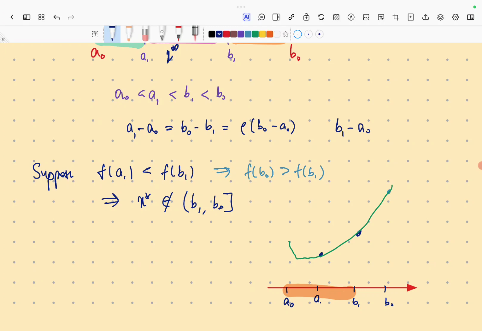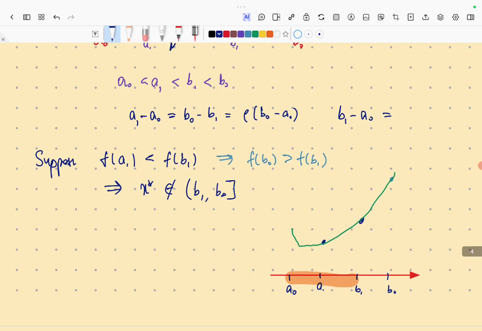And what is the length of B1 minus A0? What is the length of B0 minus B1? That's the amount that I've removed, right?